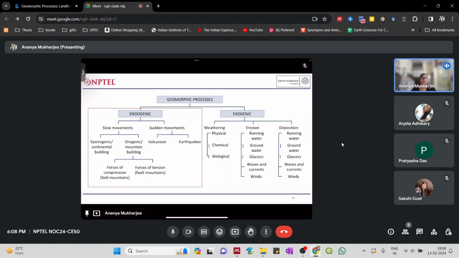One is where we have compression or convergence of two land masses and we get mountains, or we have a kind of motion where two land masses are moving past each other, moving against each other. So these are some of the things that we will see in today's class.